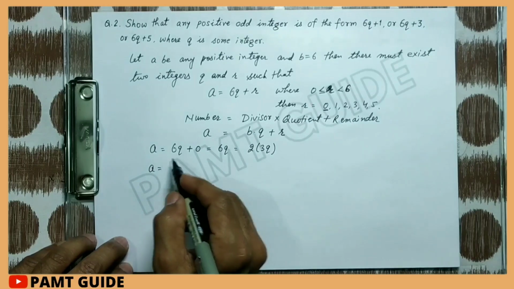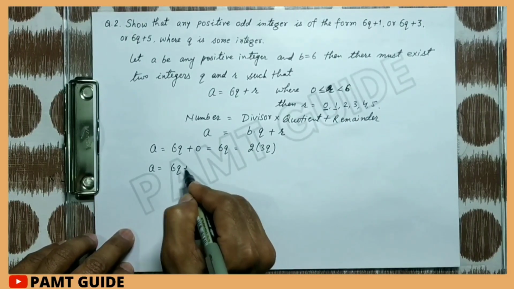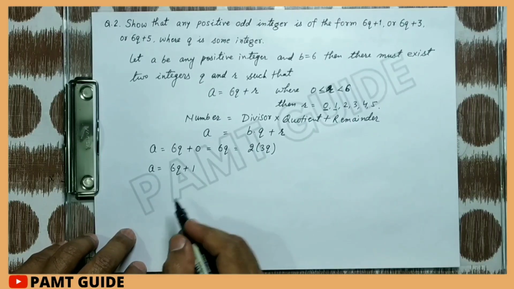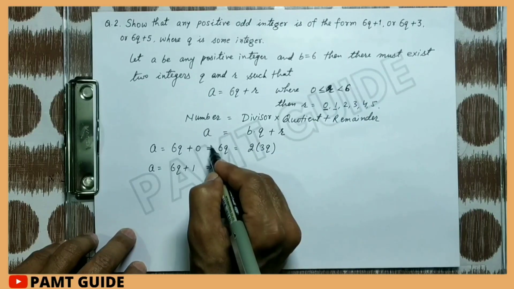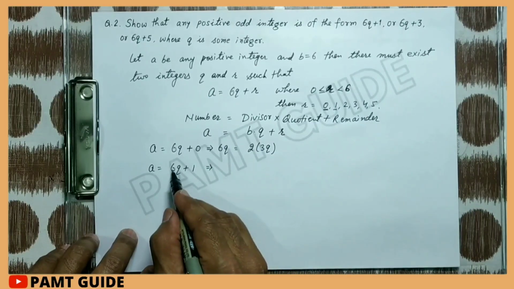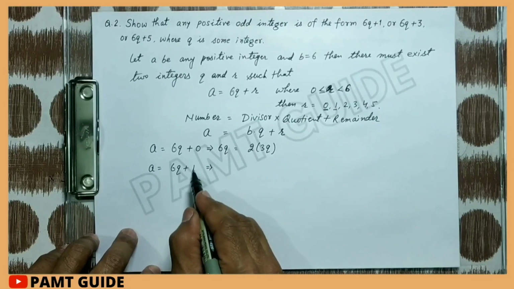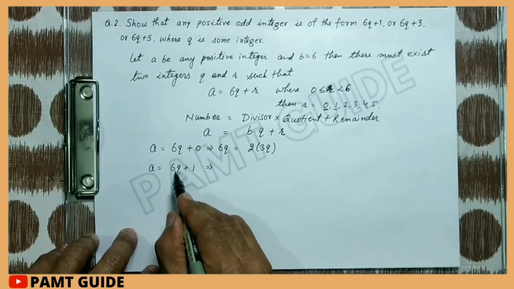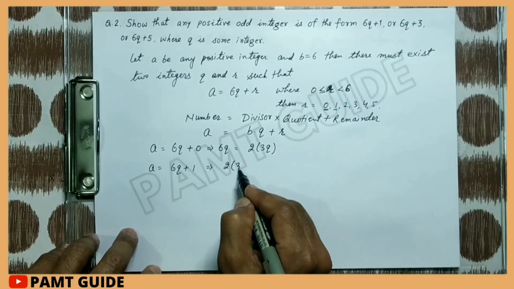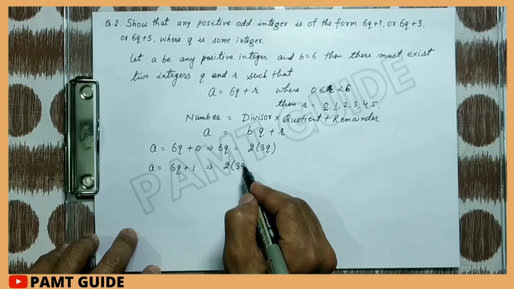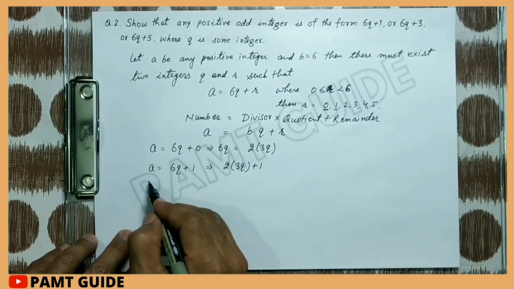Second, when we take the value of r as 1, then 6q plus 1 can be written by taking 2 common from 6q, but we can't take 2 common from 1, so 2 into 3q plus 1.